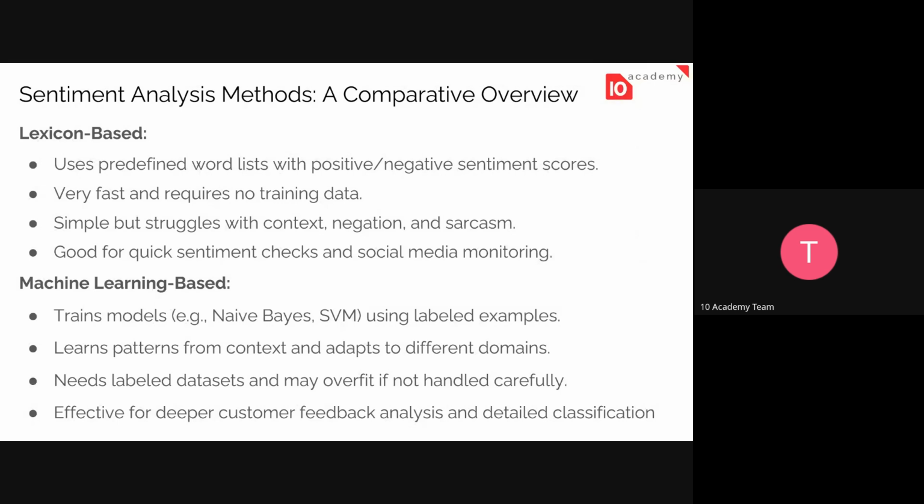We create the 20 data points by manually labeling them. We read the data, and if we think it's positive, we put positive. If it's negative, we say negative, and if it's neutral, neutral. So we give it to the model, and the model will read that and create a pattern, so it can predict the other 80%. So this is machine learning-based sentiment analysis.